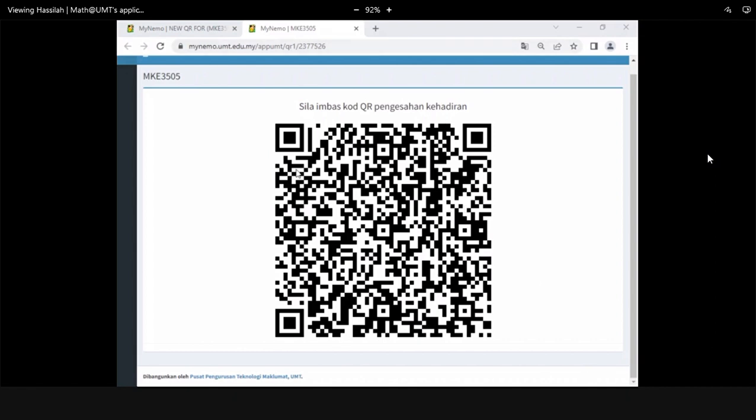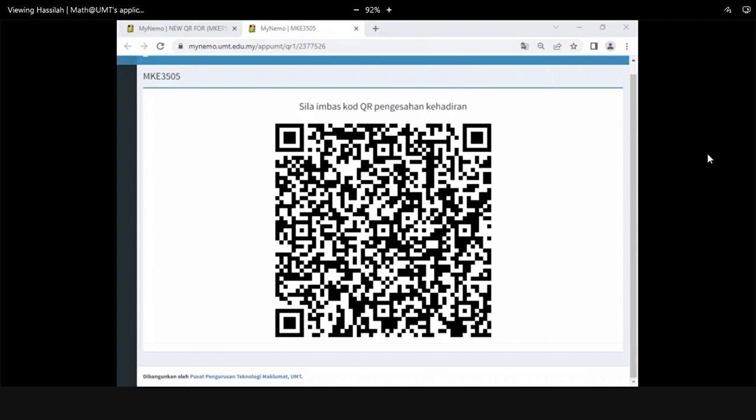Right, saya sedang paparkan kehadiran, QR code kehadiran. Sila isi. Dah semua?